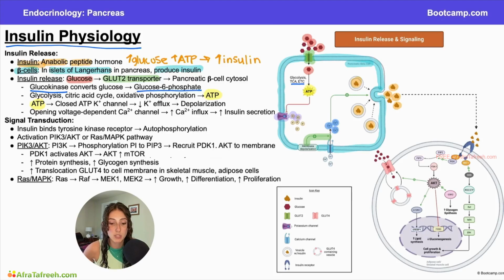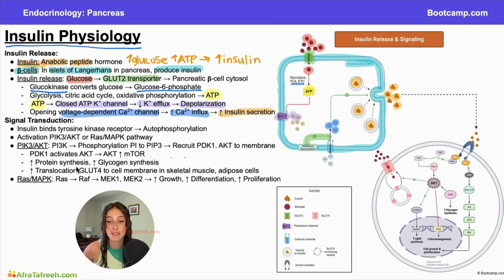More ATP is what is going to close our potassium channel. This will lead to a decreased potassium efflux, a buildup of potassium within the cell, which will lead to depolarization. Depolarization leads to opening of our voltage-dependent calcium channel, and this calcium influx is eventually going to lead to the increase in insulin secretion. So that's the release of insulin.